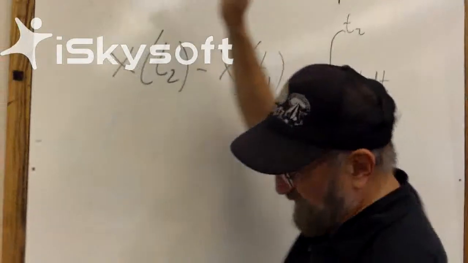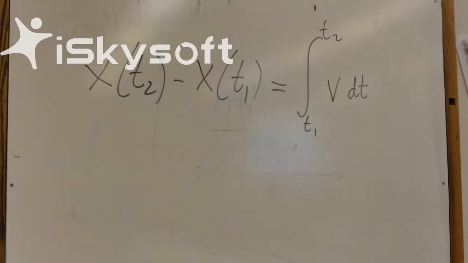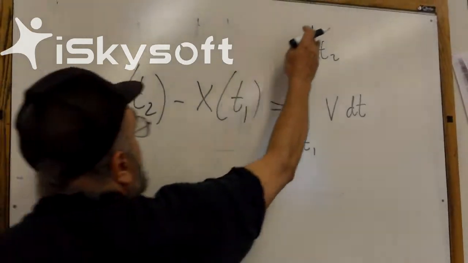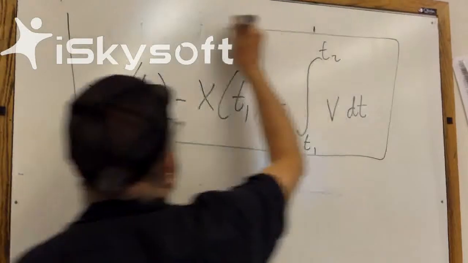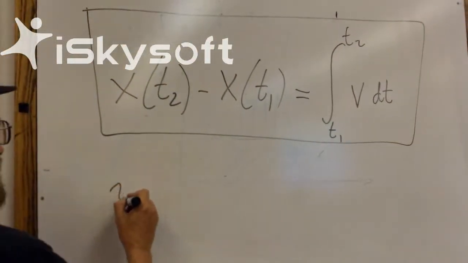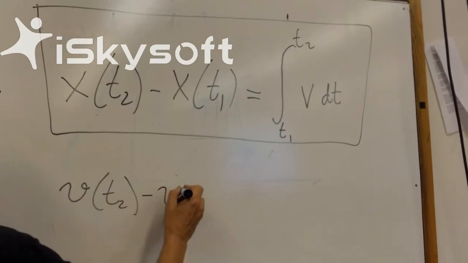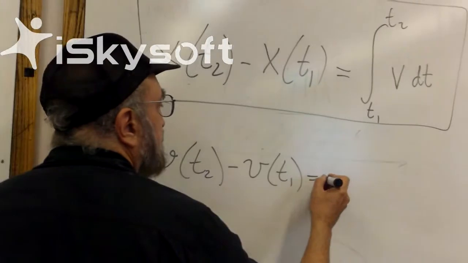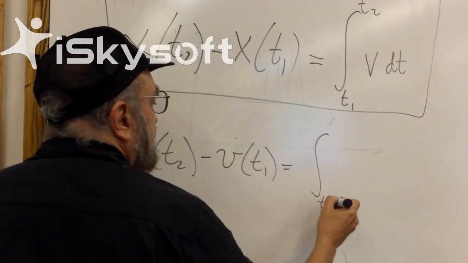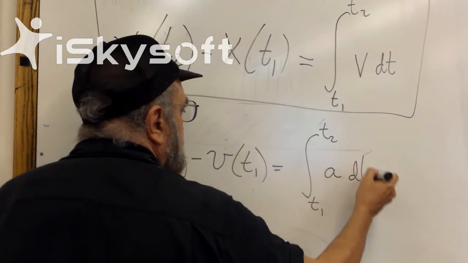That's the complete notation for the definite integral. And correspondingly, of course, the same thing holds for the relationship between velocity and acceleration. V of t2 minus v of t1 is the area under the curve for acceleration as a function of time.